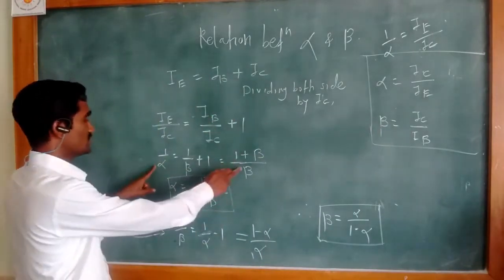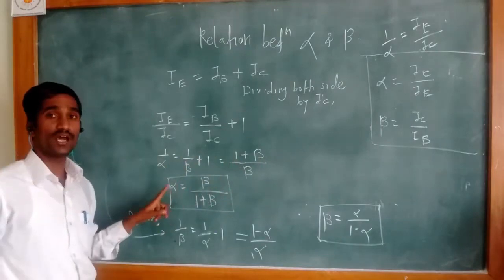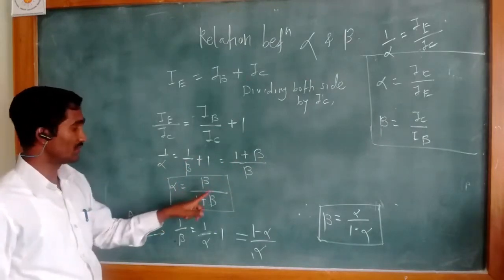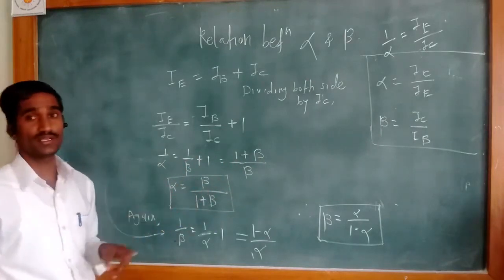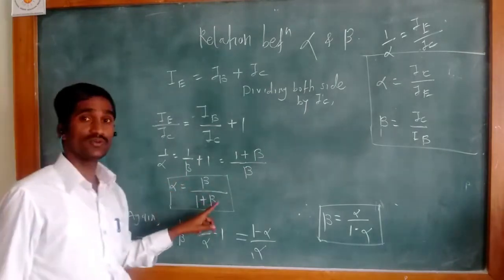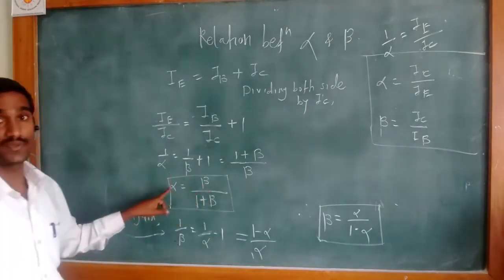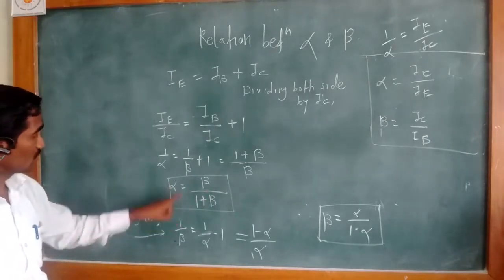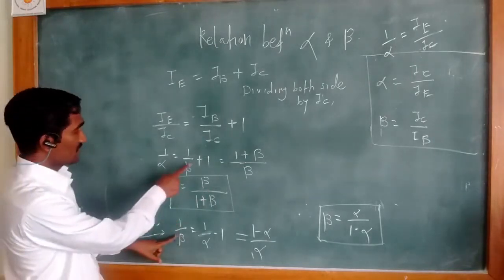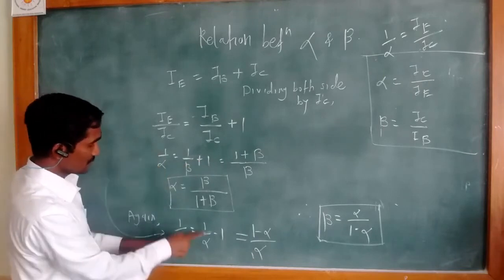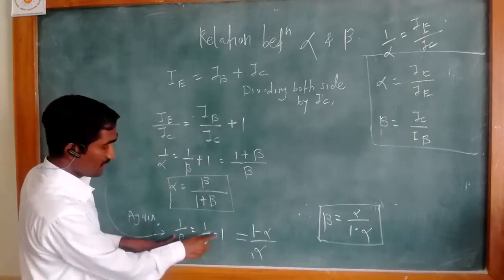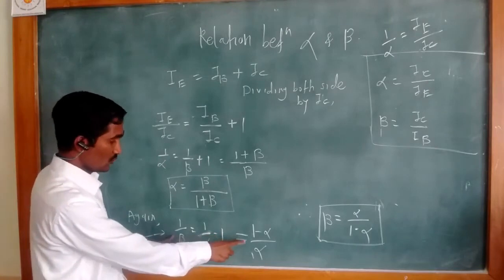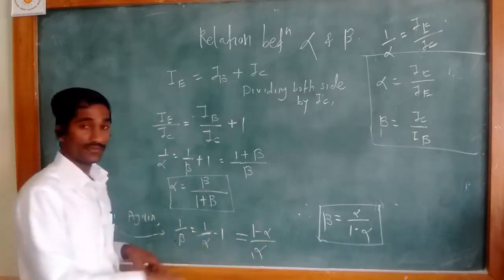If you arrange these equations, we get alpha is equal to beta divided by 1 plus beta. So this equation gives the relation between alpha and beta. Again, if you arrange this equation for beta, 1 divided by beta, and the positive term moves across and becomes negative, that is 1 divided by alpha minus 1 is equal to 1 minus alpha divided by alpha.